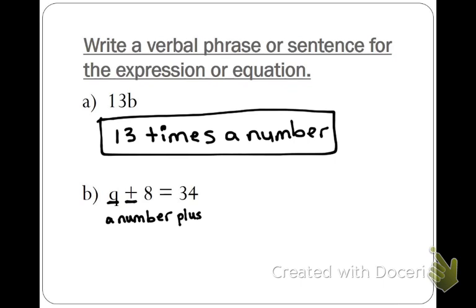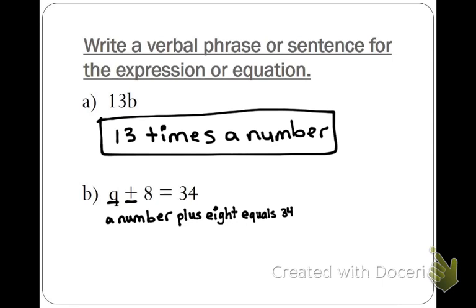A number plus what? 8. And then what words do I write? 34. Good job. Can you write is 34? You could write is 34, okay?